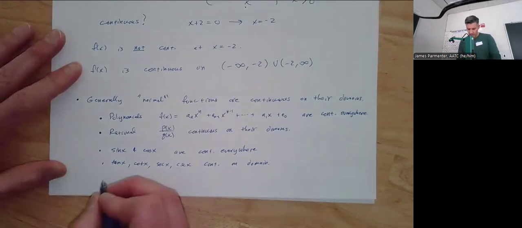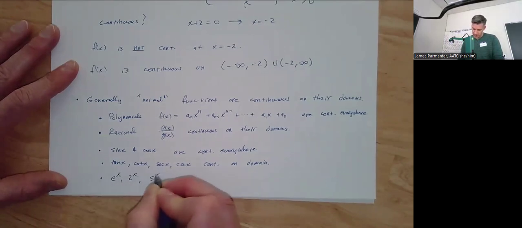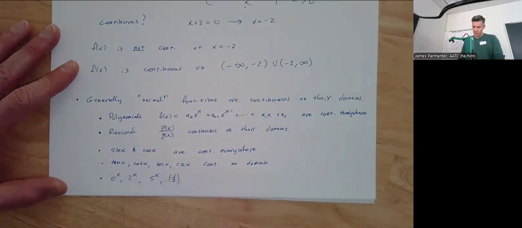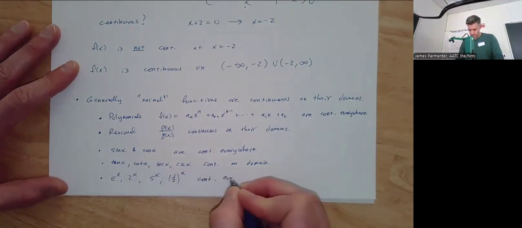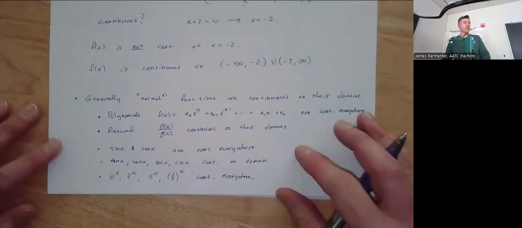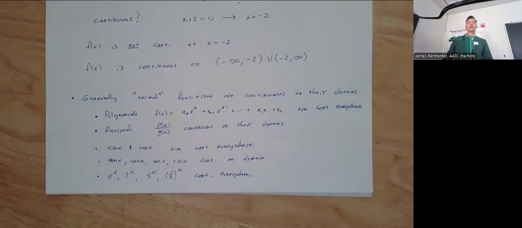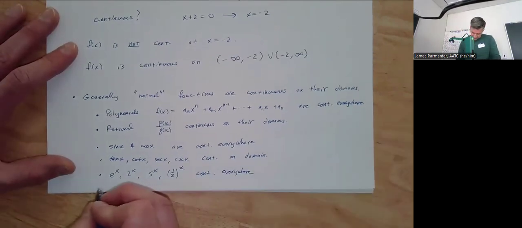What are the only functions I'm leaving out here? Oh yeah, exponential functions. So like e to the x, 2 to the x, 5 to the x, any positive number raised to the x power, continuous everywhere. And then the inverse function of those functions, the logarithmic functions, continuous on their domains. So, sure, I guess I could fit this in here.